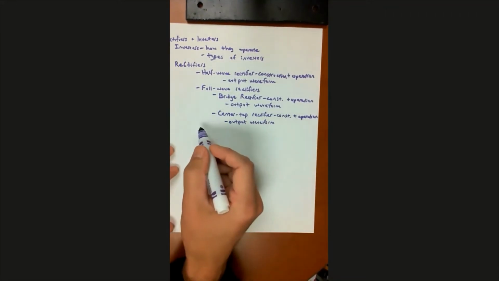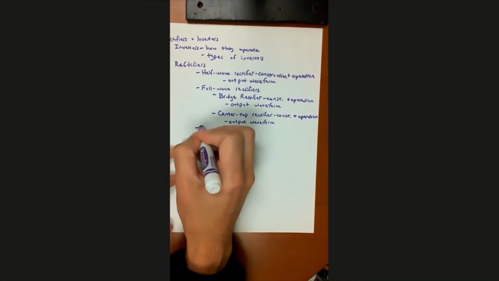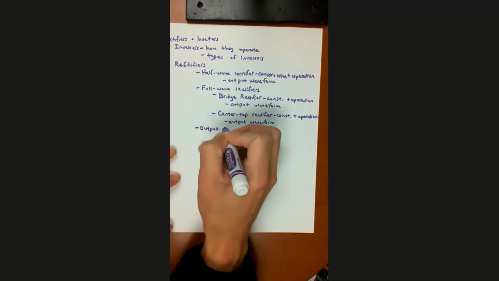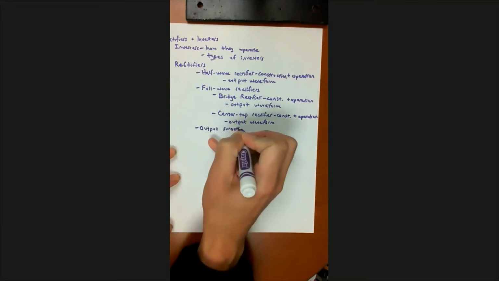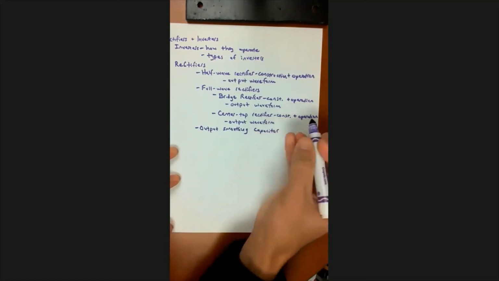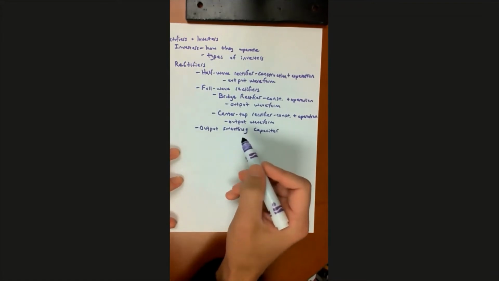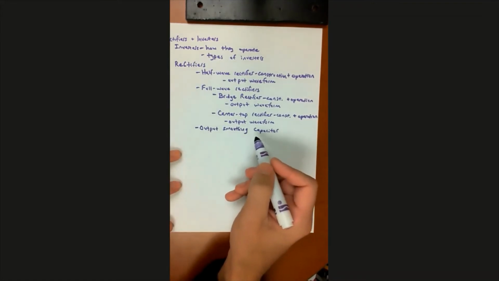All right, and the last thing we talked about relevant to rectifiers was the output smoothing capacitor. Because we noticed that the output waveforms from all of these weren't really DC, and we're trying to get something that is as close to DC as possible.